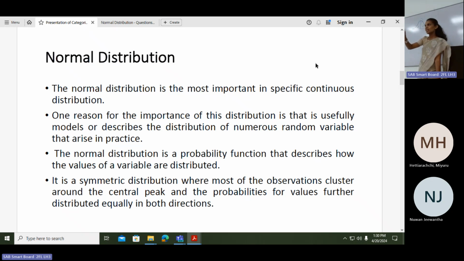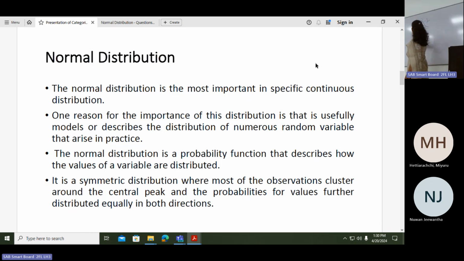Because the total probability is represented by the area under this curve. Therefore, the area under this curve is equal to 1.